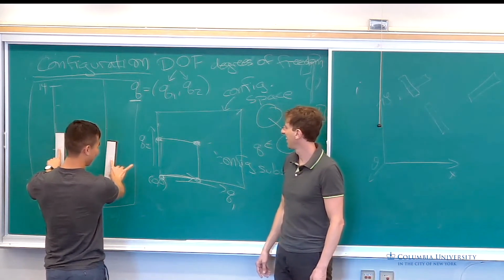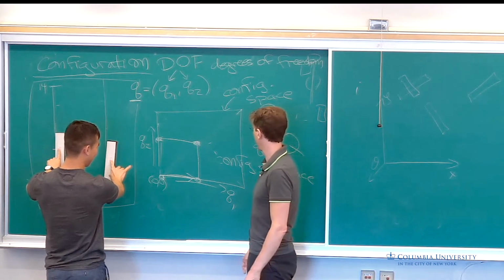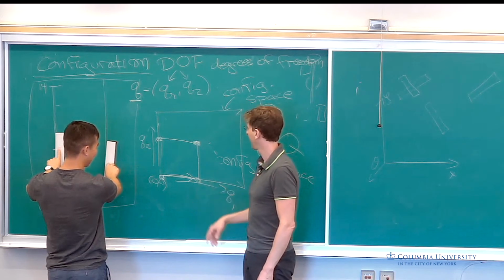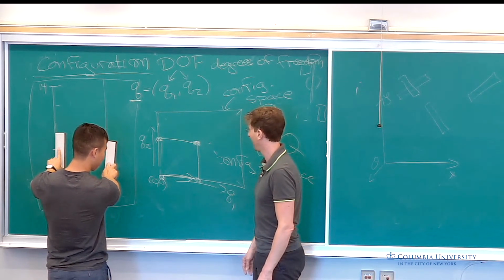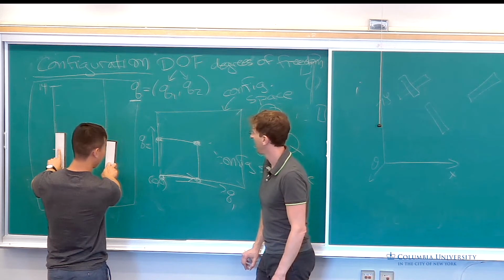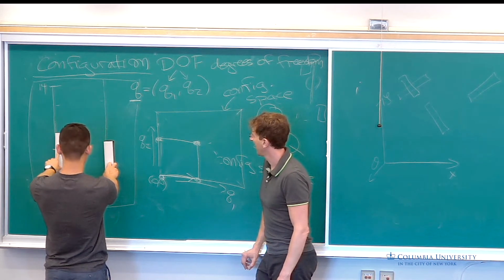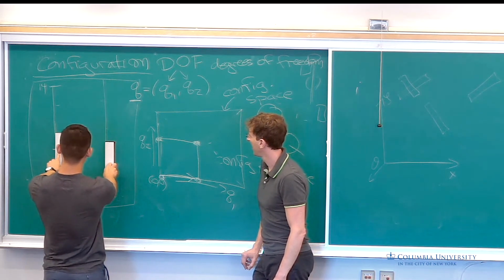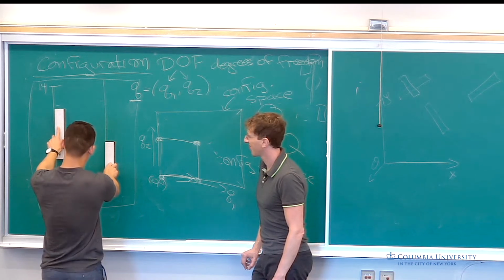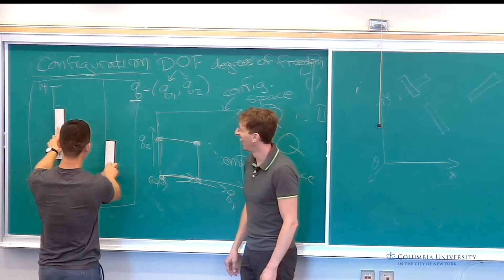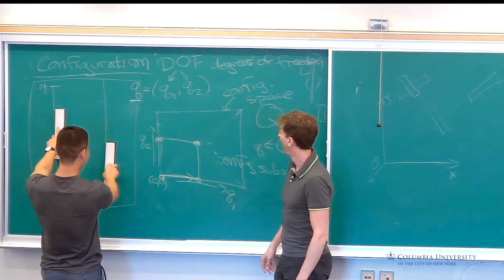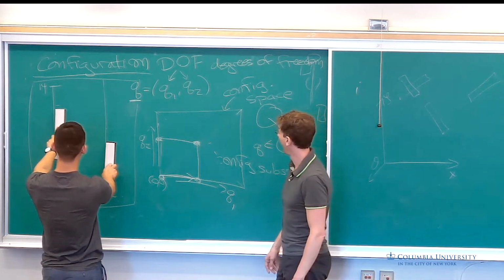I'll call that T0, and at T1, we have Q1 halfway up, and then Q2 is still at 0. So Q1 goes up, and Q2 stays here, so it doesn't make a noise.